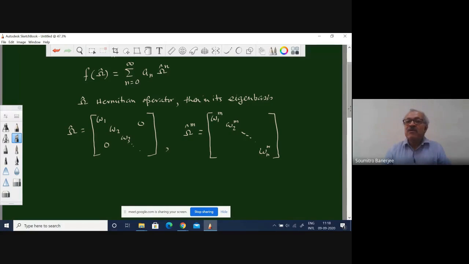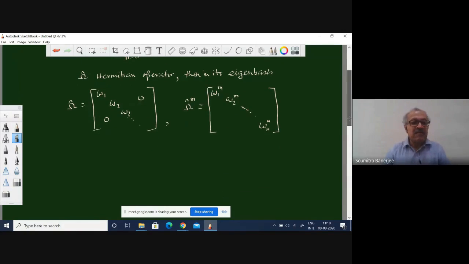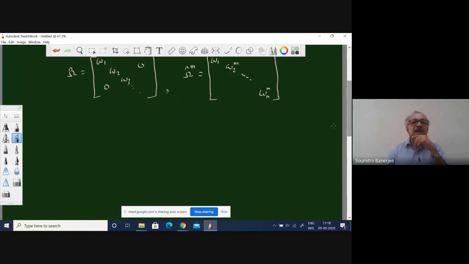Right. So you can do various things, and then can we define the exponential of a matrix? Can we define this? Yes, we can, because the exponential of an algebraic variable can be expressed as a power series. So it will be the sum from n equal to 0 to infinity of omega to the power n divided by n factorial.